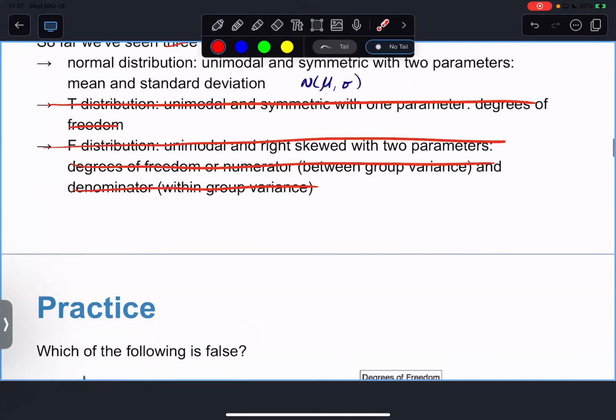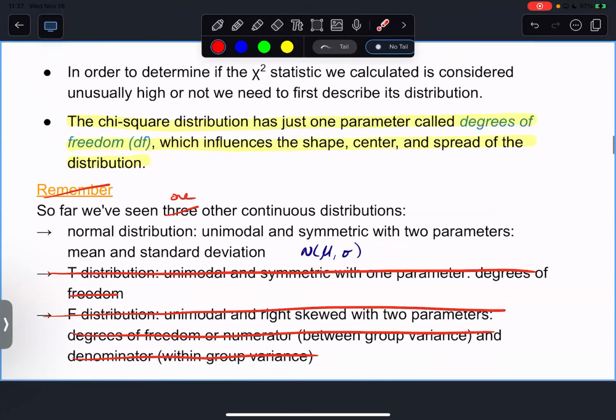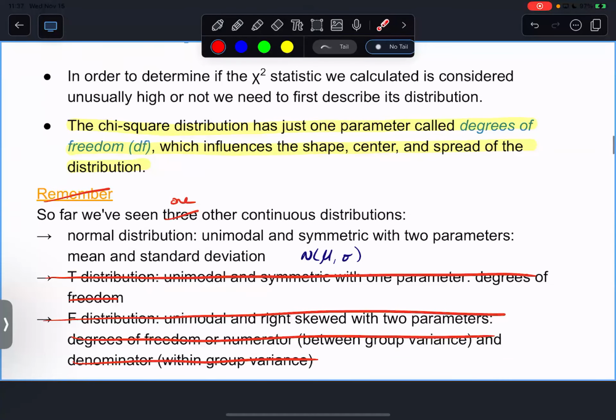So now we only have 1 parameter and it's the degrees of freedom. Spoiler alert. The degrees of freedom is going to be k minus 1, the number of groups minus 1. It's coming up later, but I just want you to see that it's not going to be so bad. So you take the number of proportions or the number of groups, subtract 1, and that's your degrees of freedom.